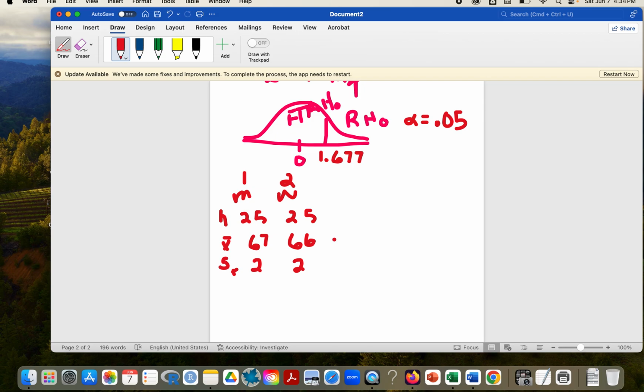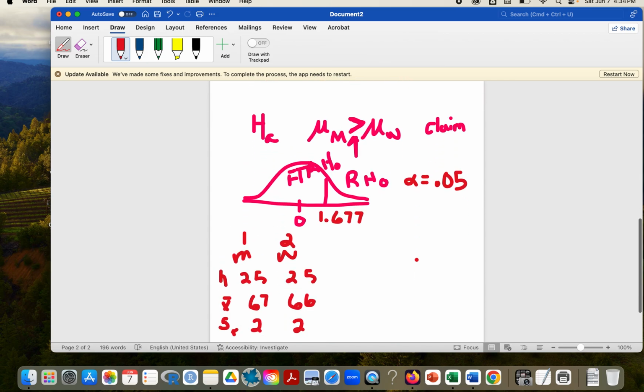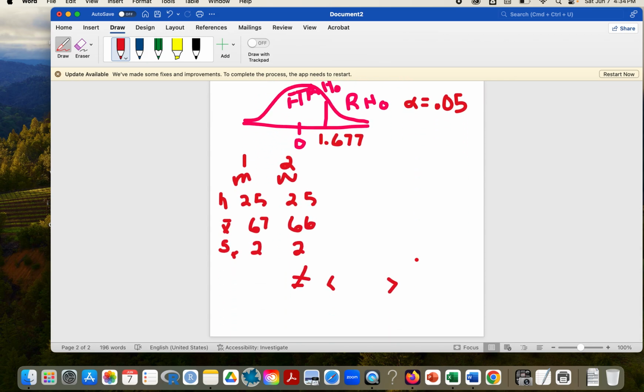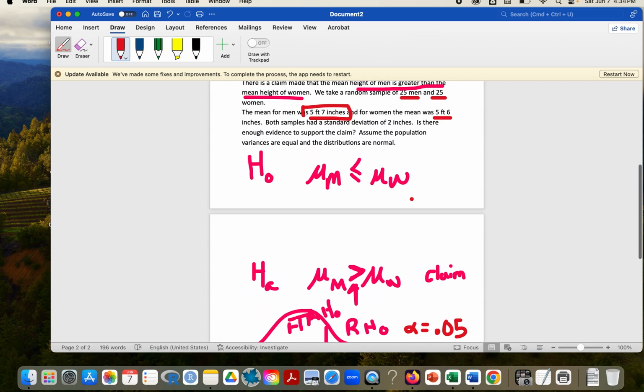Okay, now we're at the point where we have the not equals, the less than, and the greater than. I need to get to the greater than, so I want to highlight that one. Then I'm going to go to the next one. It says pooled, yes or no. Well, the variances are equal.